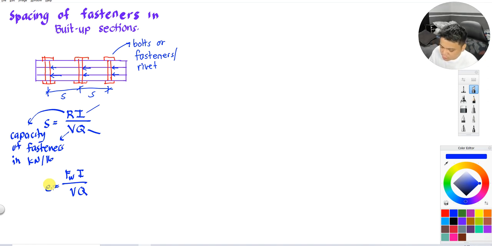Okay? So, yung spacings na yon, for example, ayan yung plank of wood mo.